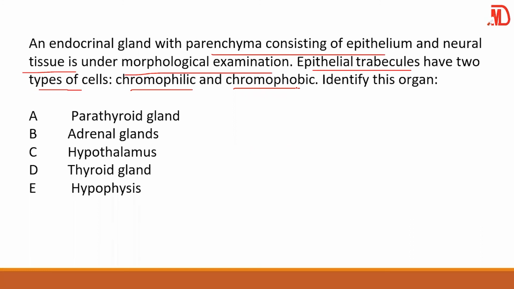And when we say beta cells, we are referring to basophils. And all of these are coming from the anterior pituitary gland. So when I say anterior pituitary gland, definitely we are talking about the pituitary. Another name for the pituitary is hypophysis. So over here, your answer is hypophysis.